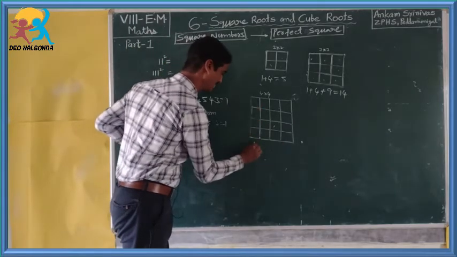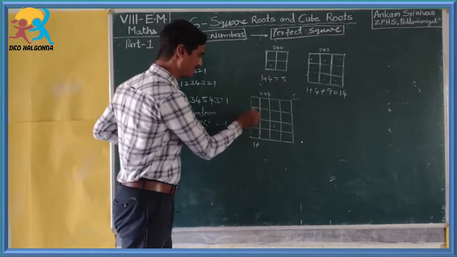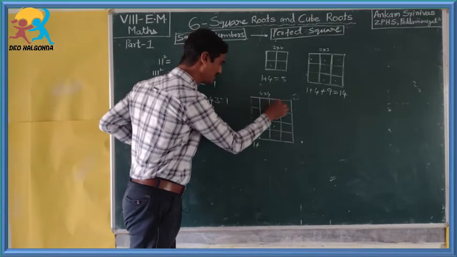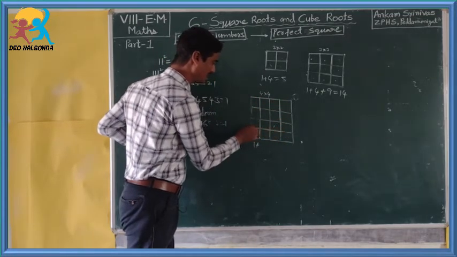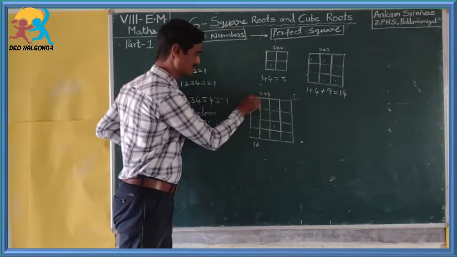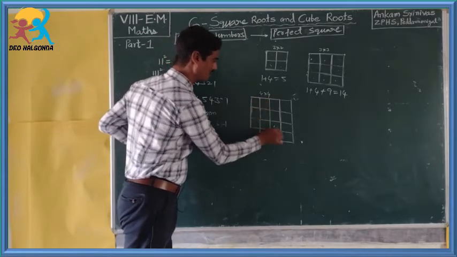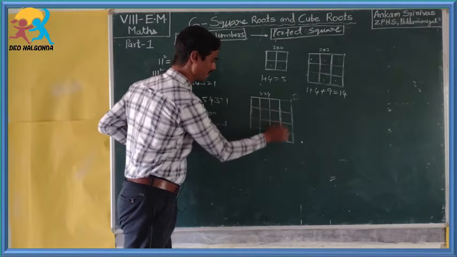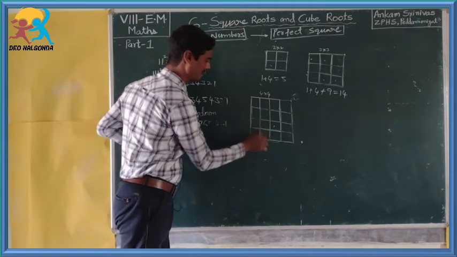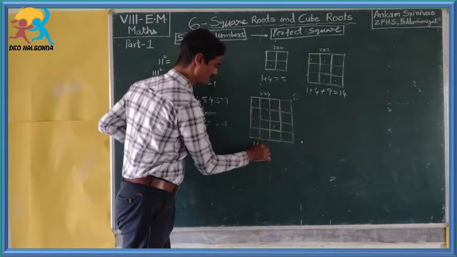Total 1, and take the squares containing 3 boxes, that means 3 into 3, 9 boxes: 1, 2, 3 and 4.